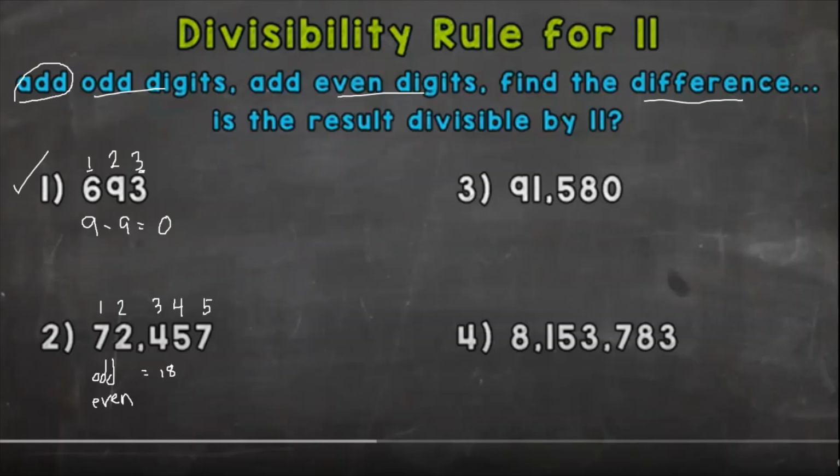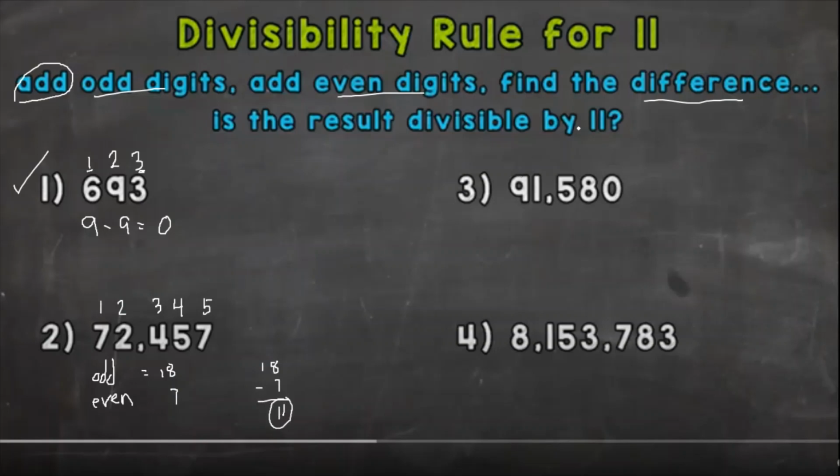Next, how about the even-position digits? Our even digits here are 2 and 5. So 2 and 5, that is 7. And then we're going to find the difference. So 18 minus 7, the answer is 11.